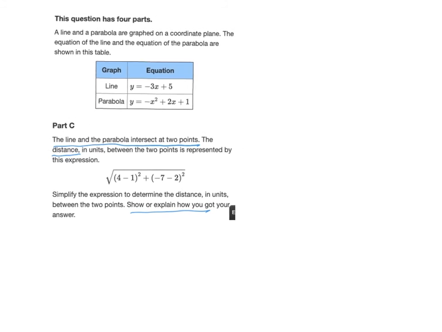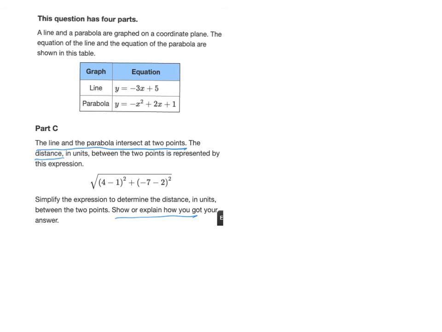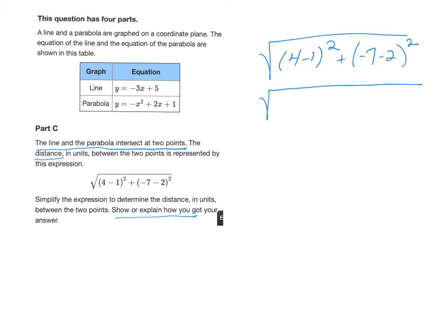What we need to remember here is how we subtract negatives. So if I have the square root of (4 minus 1) squared plus (-7 minus 2) squared, again, do parentheses first, then exponents. So 4 minus 1 is 3.